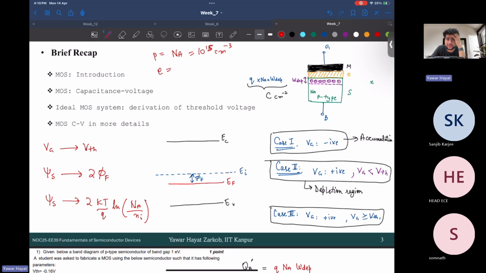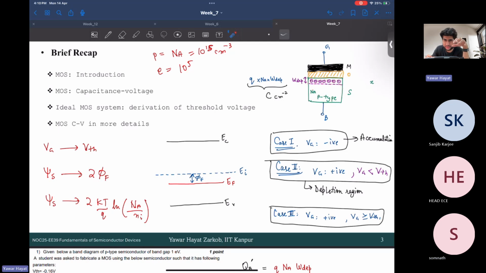What is the concentration of electrons? It will be 10 to the power 5, and this is uniform throughout, also at the surface.